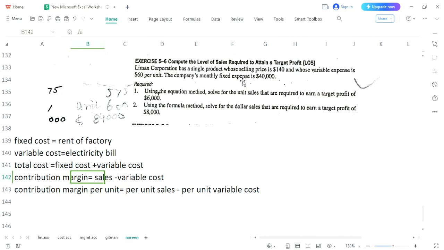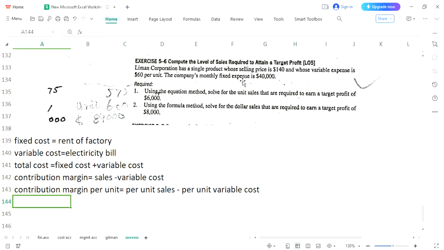We are using the absolutely same formula for per unit as well, except for a tiny change. You have written sales over here, and downward you will write per unit sale. In the previous formula you used variable cost; you will use the same variable cost over here but per unit. So per unit sales minus per unit variable cost, and contribution margin would arrive.